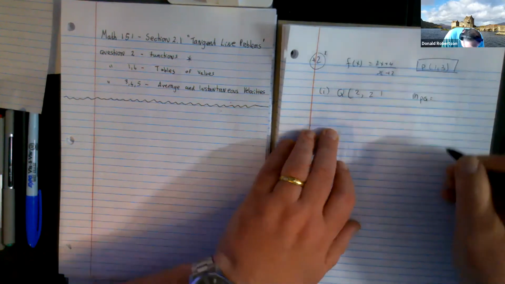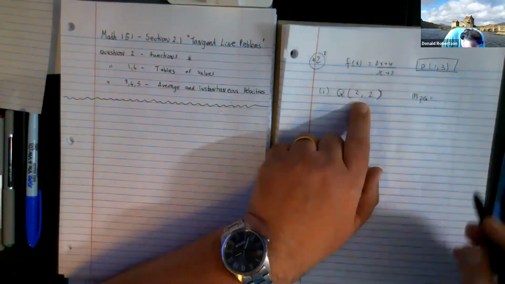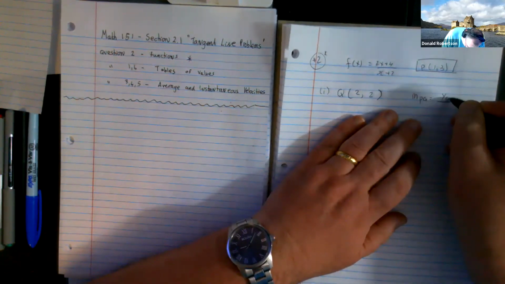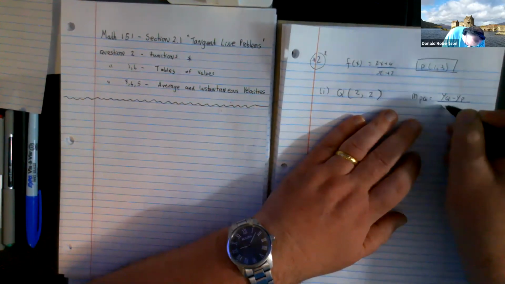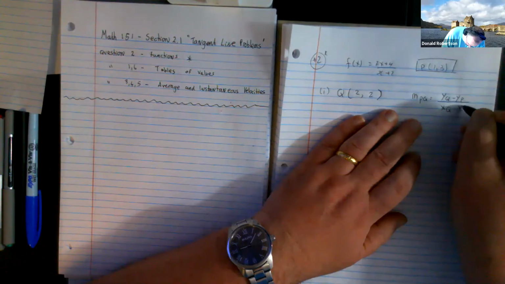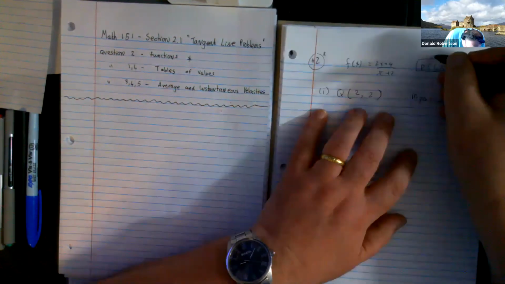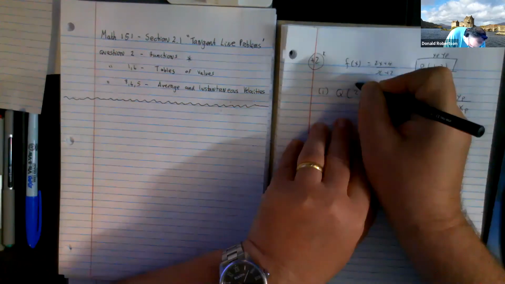So in this case, from (1, 3) to (2, 2). And to get the slope, I'm going to use this formula: the difference in the y coordinates of P and Q divided by the difference in the x coordinates of P and Q. This guy here is xp, yp, and this guy here is xq, yq.